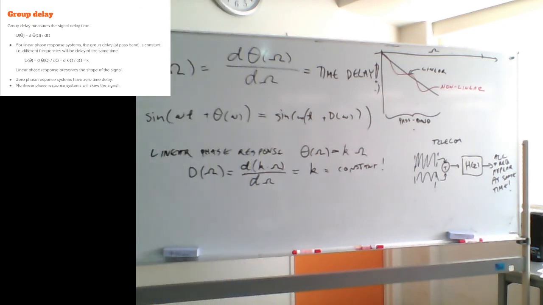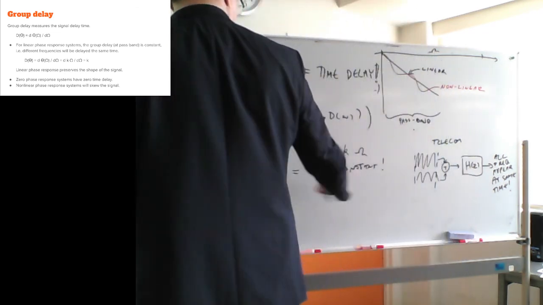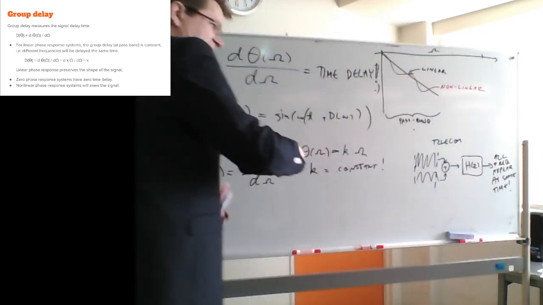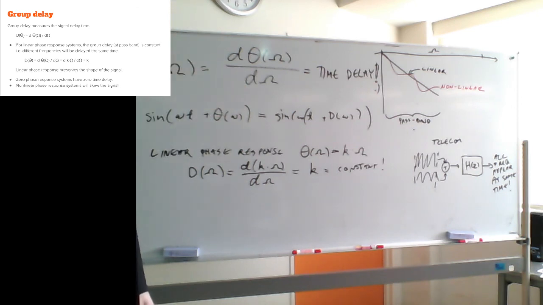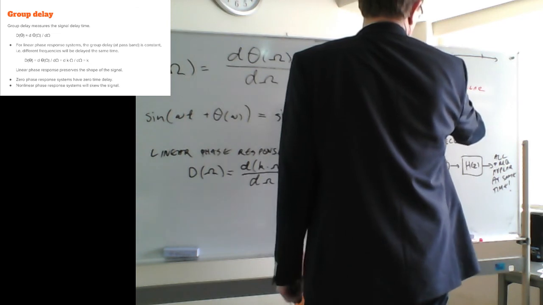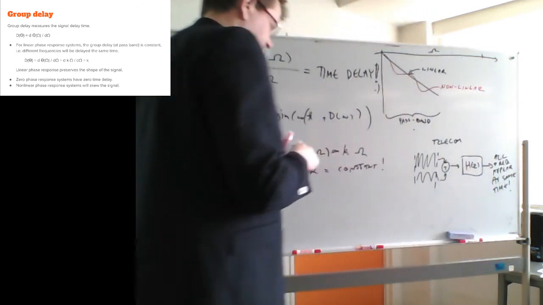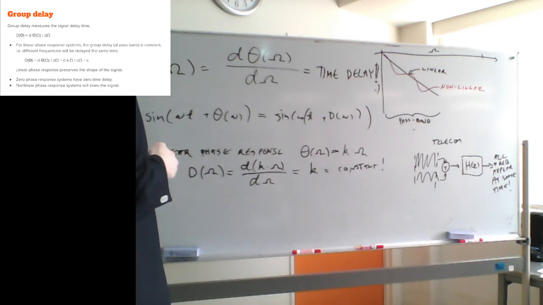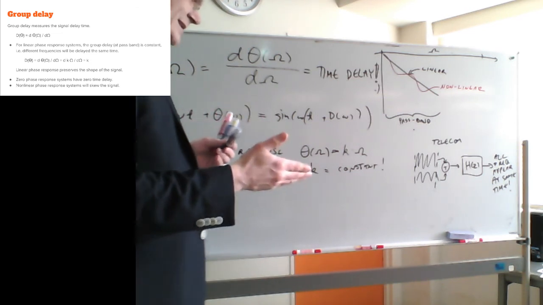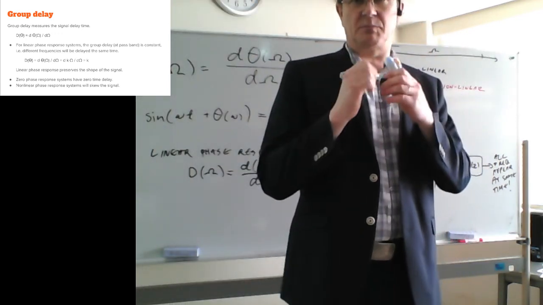And then if you have a nonlinear phase response, then basically what happens, well, of course, this is not constant, but it varies, meaning that we have a variable time delay of different frequency signals. It means that it starts skewing the pulse shape.